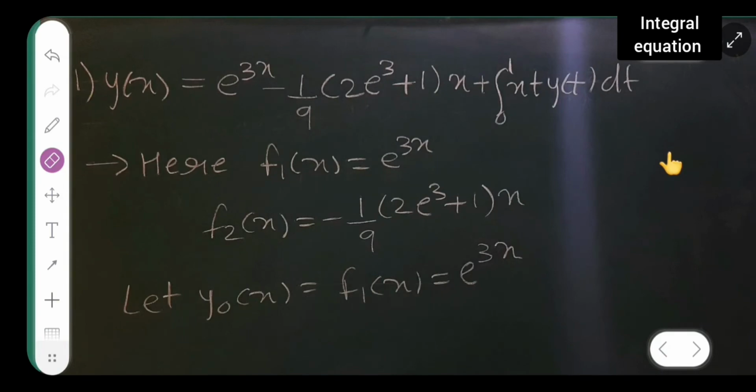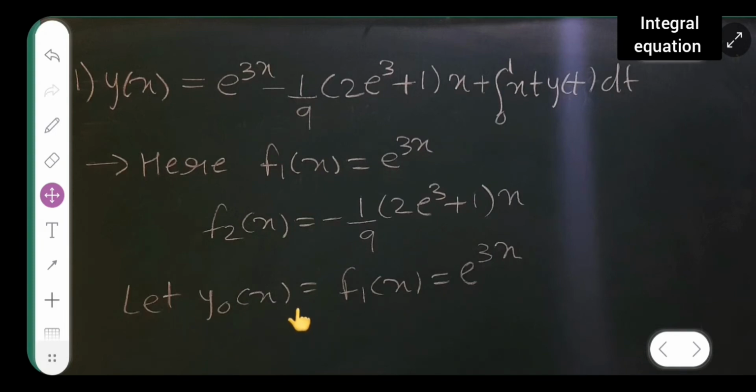So now what I'll do is, my f1 of x is e raised to power of 3x and f2 of x is equal to minus 1 upon 9 into (2e raised to power of 3 plus 1) into x. Okay, let y0 of x be equal to f1 of x.